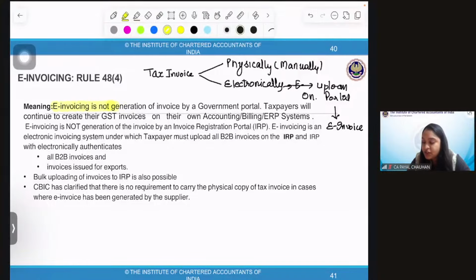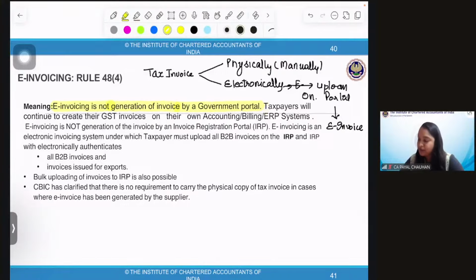E-invoice is not generation of invoice by the government portal. Please remember, e-invoice is issued by the supplier on its own software. That doesn't mean I'll update the data on the government portal and the portal will give me an invoice. Rather, it's authentication of my issued invoice by the government department.